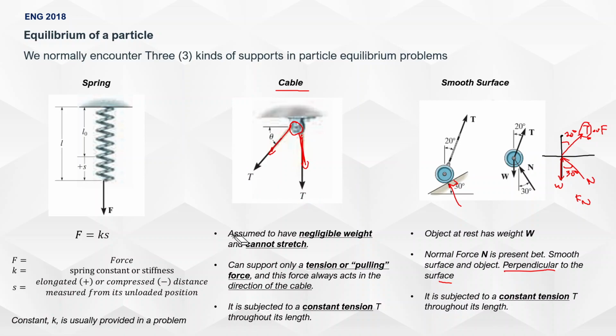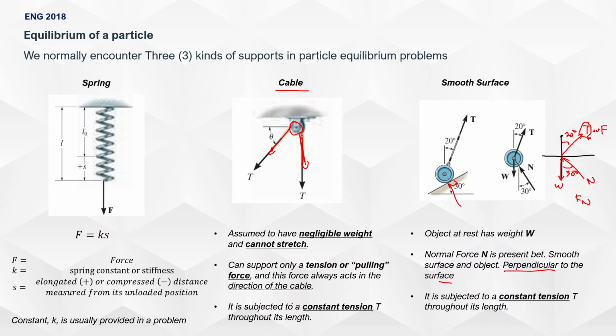So for cable, you have to assume that the weight of the cable is negligible and it cannot stretch. So that's part of our idealization. And this one can support only tension or pulling forces. So as you can see here, tension or pulling forces. And this force always acts in the direction of the cable. In this case, there's a cable here. It acts in that particular direction.